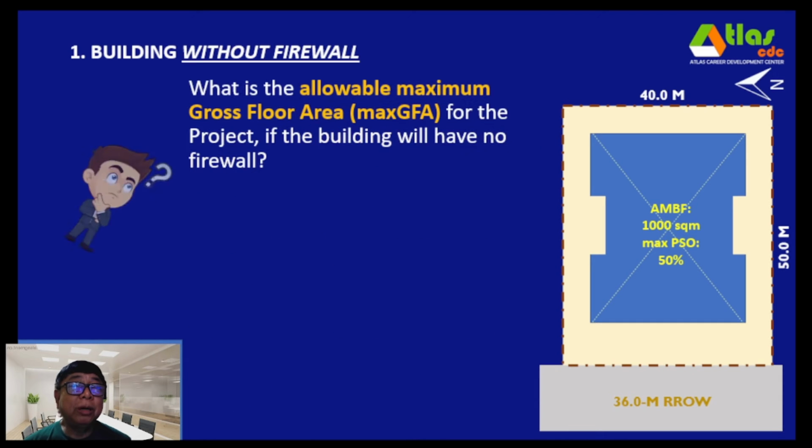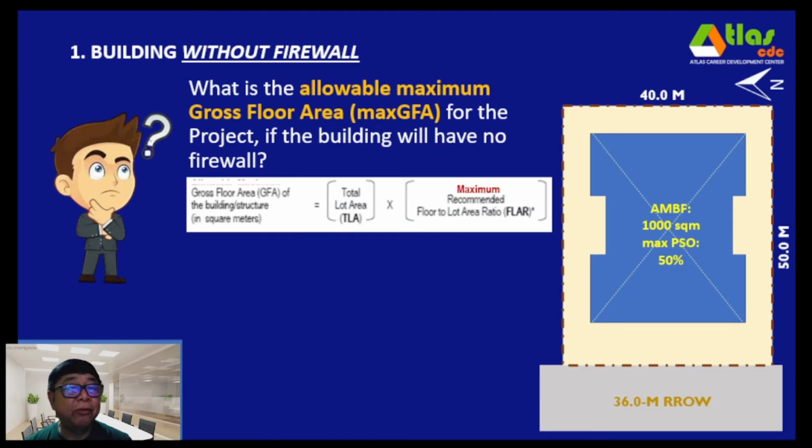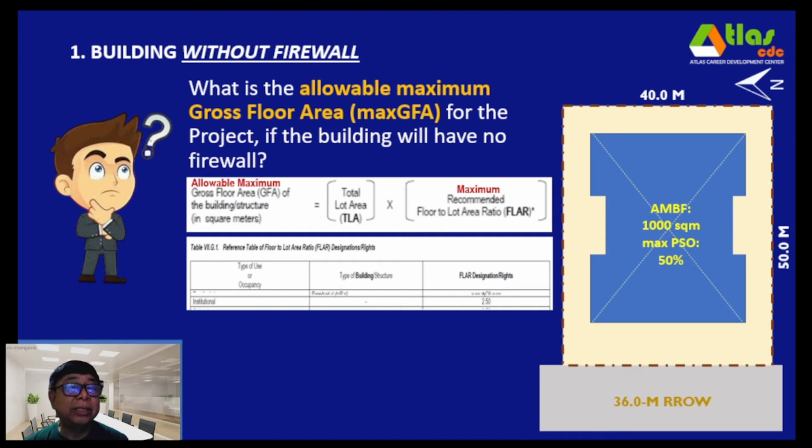So we go now to the floor areas, and the first is the allowable maximum gross floor area or maximum GFA for the project if the building will have no firewall. So basically, our reference here is just the formula that the maximum GFA will be your total lot area, just multiply it by the maximum recommended floor to lot area ratio or FLAR as per Table 7.G.1.